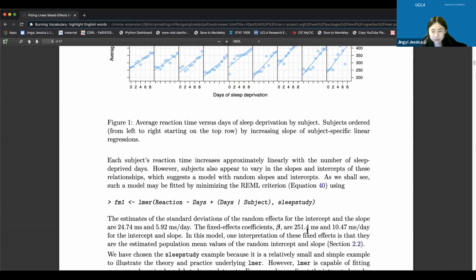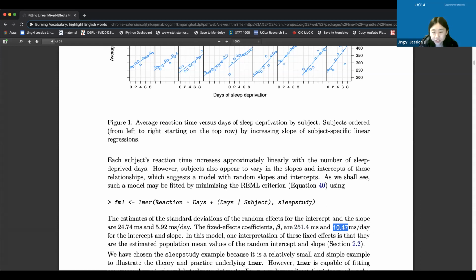So this is what the result will be like. For the fixed coefficients, you are going to estimate the intercept as 251.4 milliseconds, and the effect of days as 10.47 milliseconds per day. Day is the unit of the predictor, and millisecond is the unit of the response. For the random part, you are going to get standard deviations.